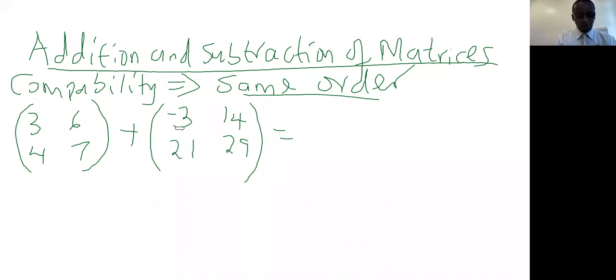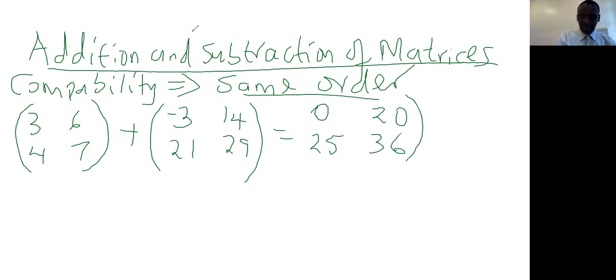So 3 plus negative 3, you get 0. Then 6 plus 14, you get 20. 4 plus 21, you get 25. Then 7 plus 29, you get 36.